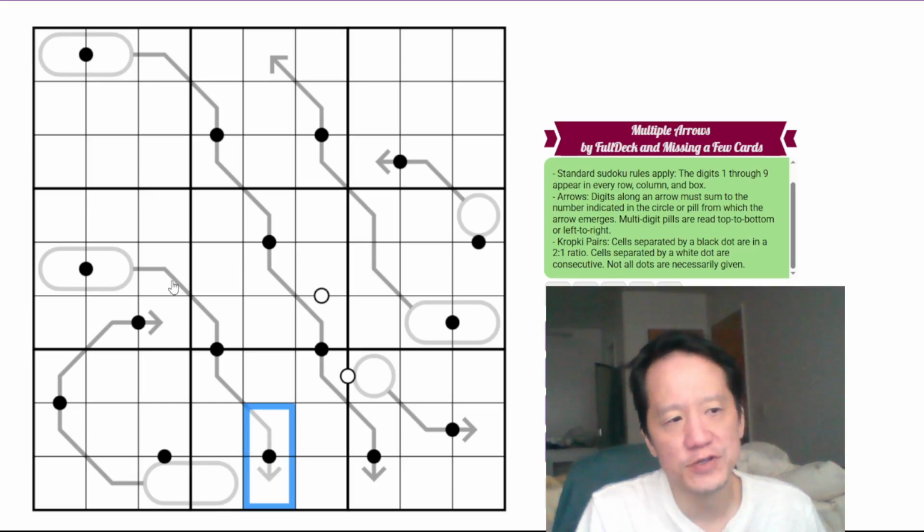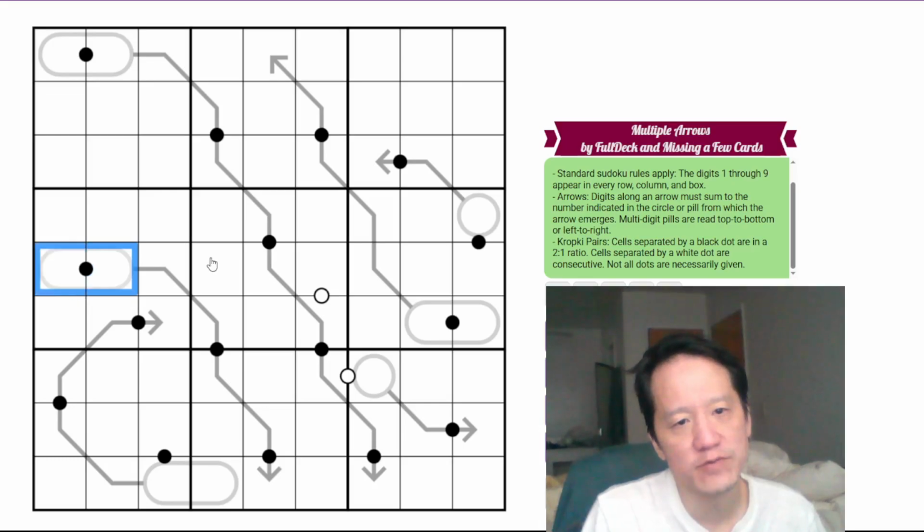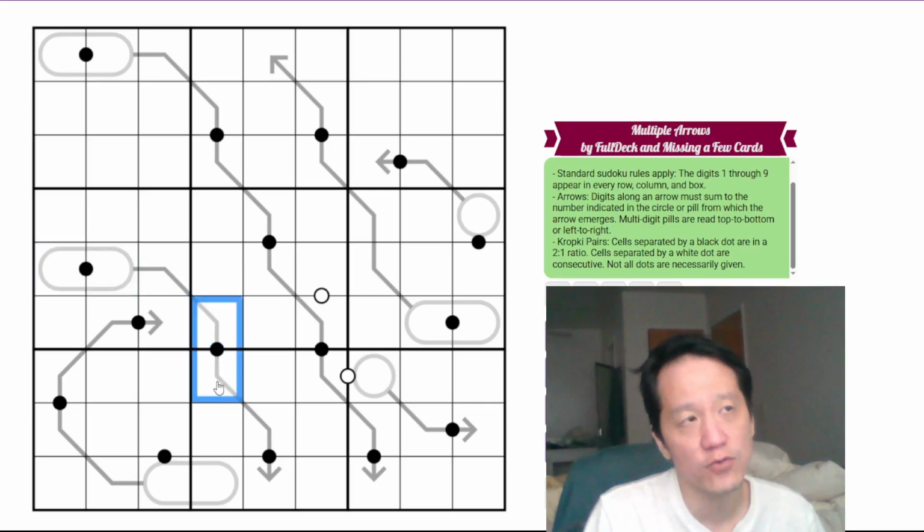So therefore, this pill's maximum value would be 9 plus 8 and 4, which is 12, so that's 21, plus 3 and 6, which is 9. 21 plus 9 is 30.